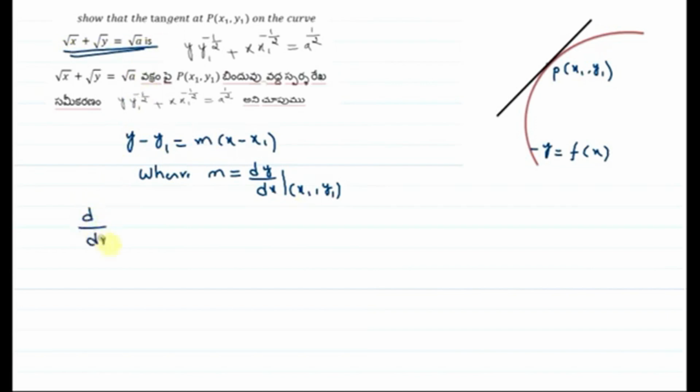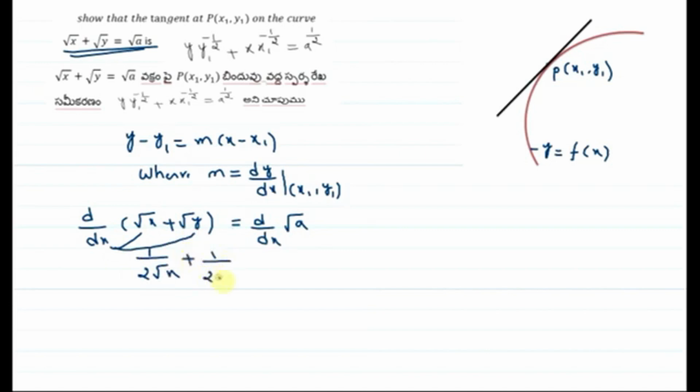So d by dx of root x plus root y is equal to d by dx of root a. The derivative of root x is 1 by 2 root x. The derivative of root y is 1 by 2 root y into dy by dx. The derivative of a constant is 0.